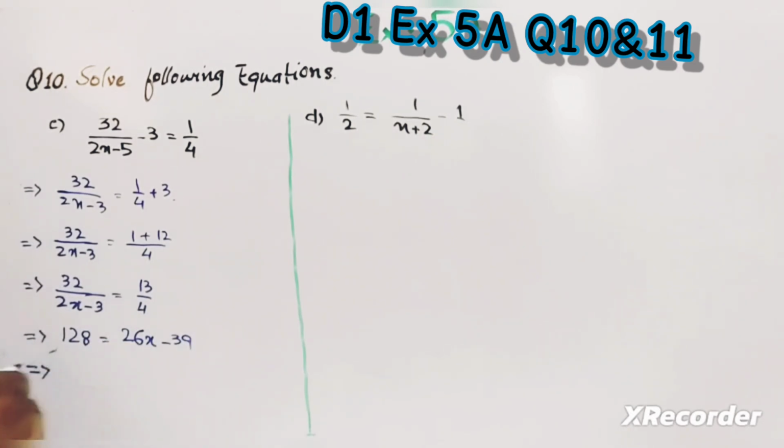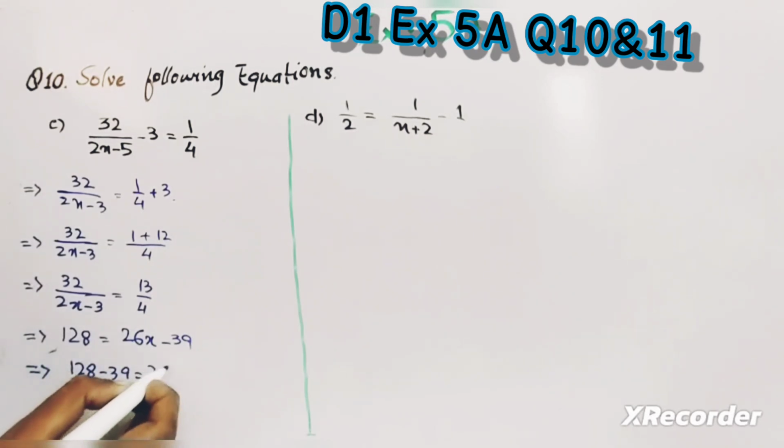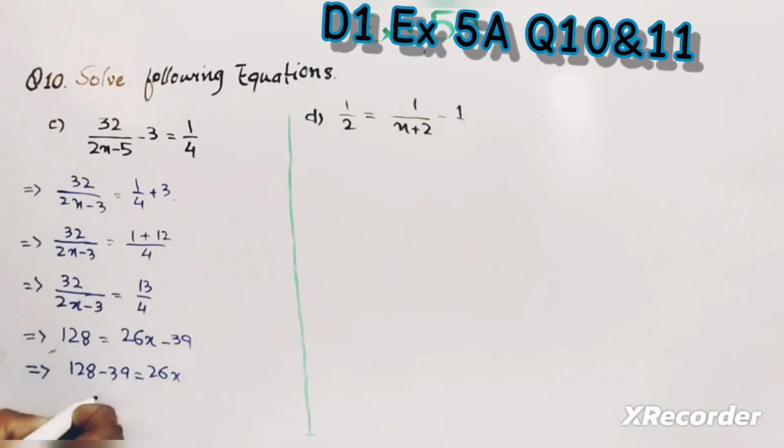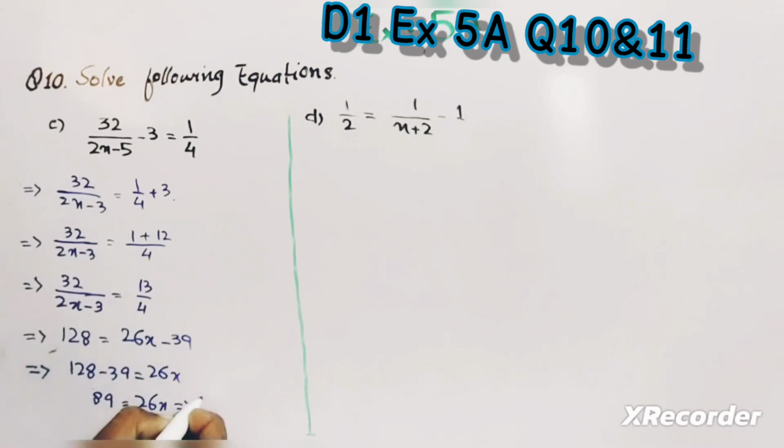So 128 less 39, 26x. So 128 less 39 will become 89 is equal to 26x, or we can say that x will equal to 89 upon 26, and that is our required answer.